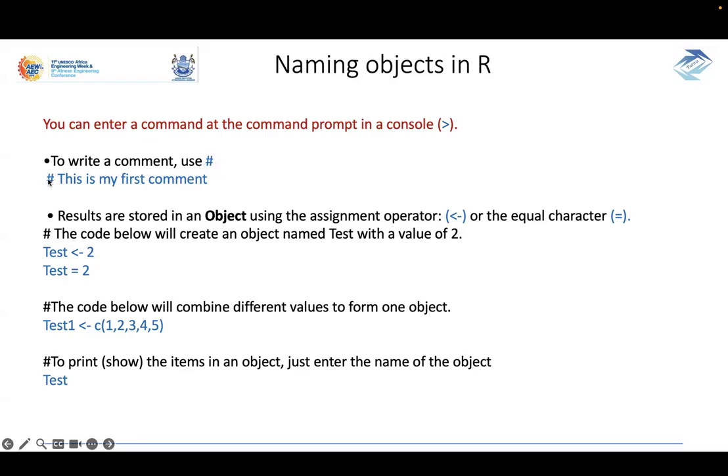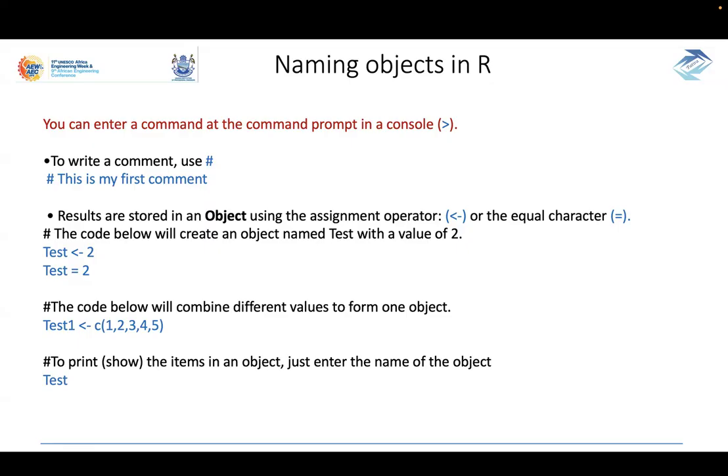Anything that has a hash here, R will not run because it just sees that as a comment. So sometimes when you're writing your script or your program, it is good to put some information on what each part does, so that when you share your code or script with somebody, they understand exactly what it's doing.